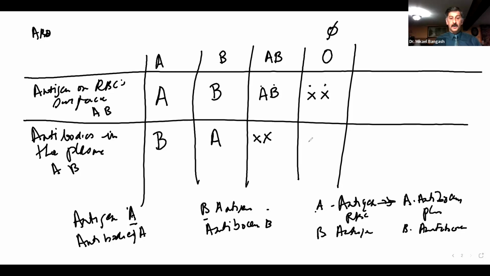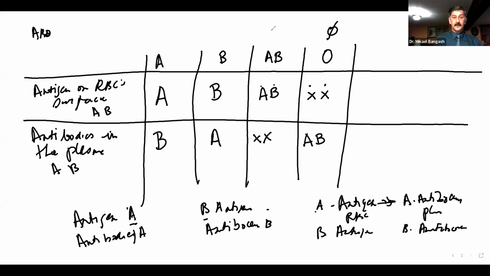So what you will find is that they have both the antibodies. They have both the A antibody and the B antibody. Did you guys get that?